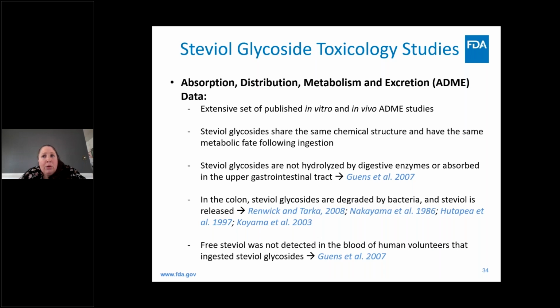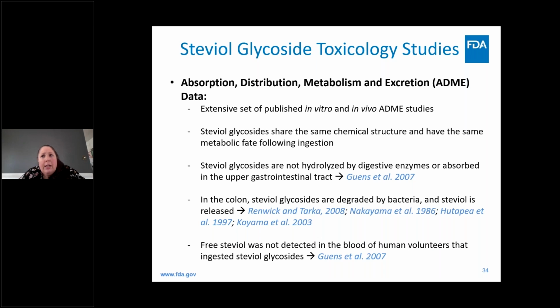And it's important to note that all stevia glycosides share the same chemical structure. So it's expected that they would undergo the same metabolic fate following ingestion. And from these studies, we know that stevia glycosides aren't broken down by digestive enzymes or absorbed into the upper GI tract. Instead, they are degraded by the gut microbiota in the colon.